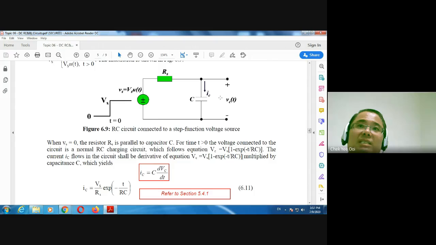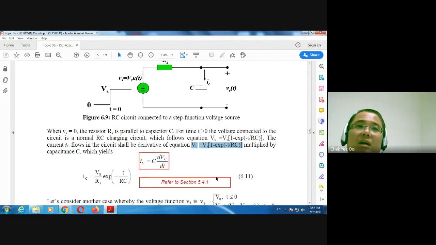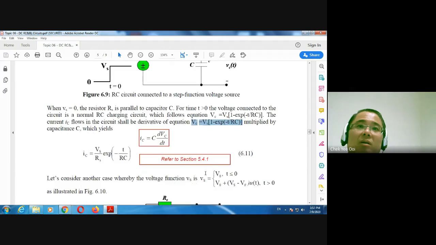This capacitor voltage charging equation was derived in the previous chapter, so refer to section 5.4.